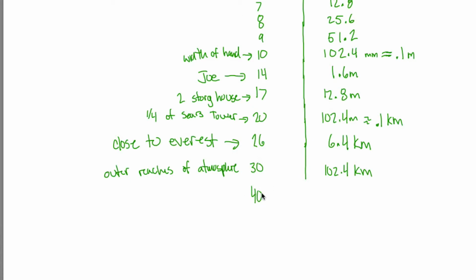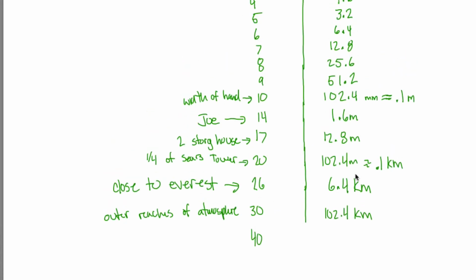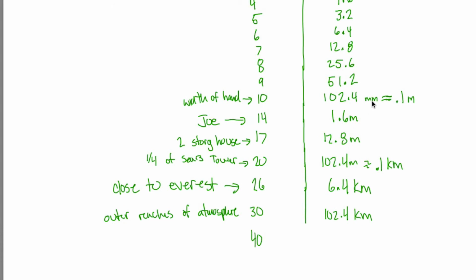And I can jump ahead. Jumping by tens is the easiest way to go. Note that each time what I'm doing is moving my decimal place 3 spots to the right. So instead of 0.1, I move it to the right 3 times and get up to about 100. So from 20 to 30, I move my decimal place to the right 3 times.